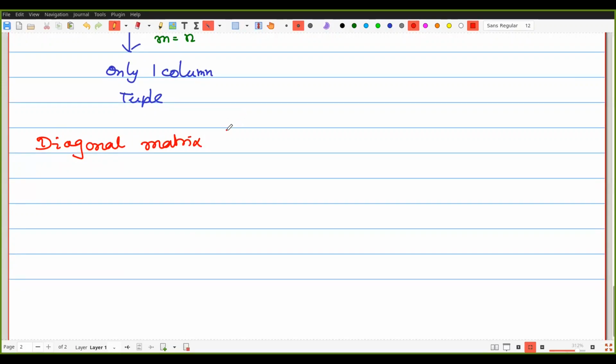Okay, and any diagonal matrix has to be a square matrix. That means for any diagonal matrix, at first it must be a square matrix, then it must be a diagonal matrix. Let's check what a diagonal is.